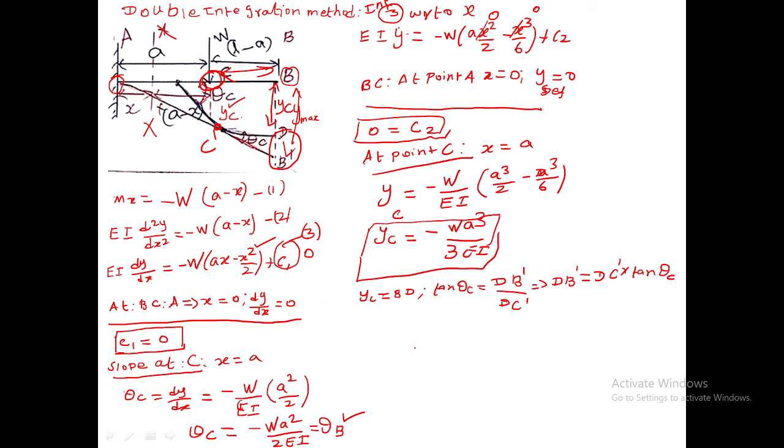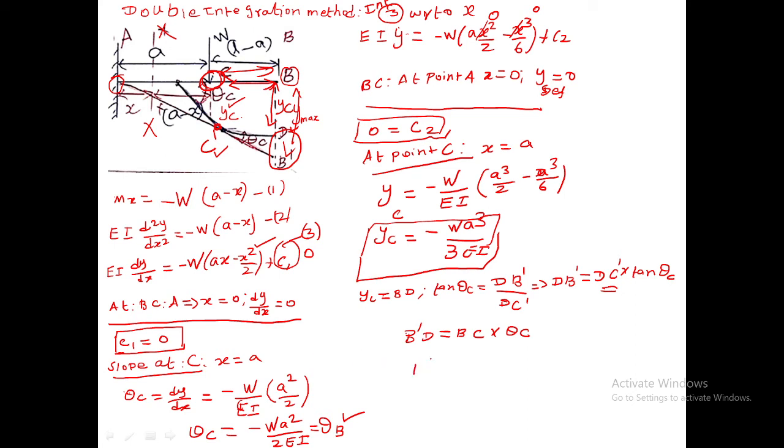Next, P dash D equal to BC into theta c. Here DC equal to DC dash, the same as the BC dash distance, so replace DC dash by BC into theta, since tan theta is small.